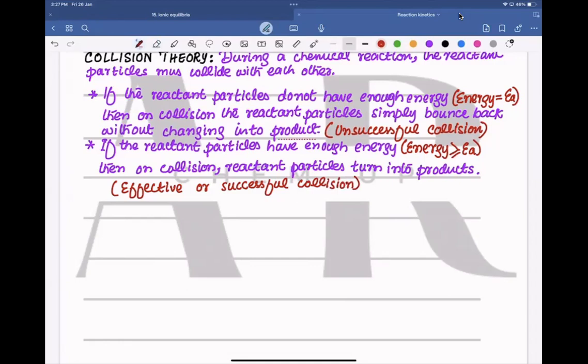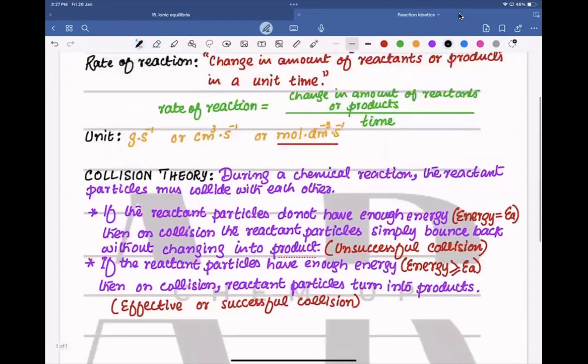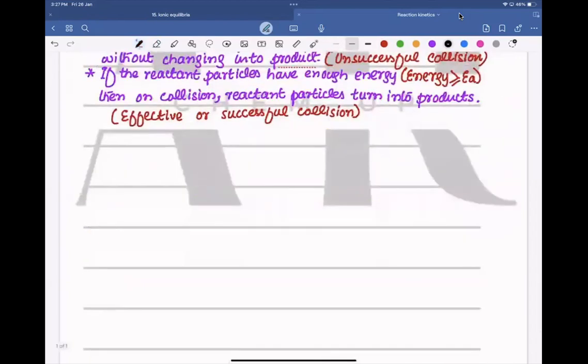Okay. Now we have, what is activation energy.